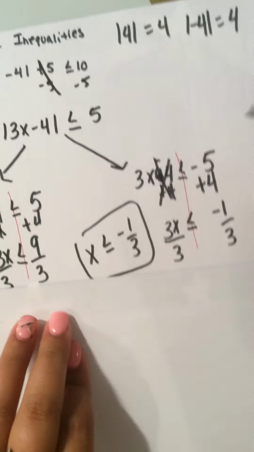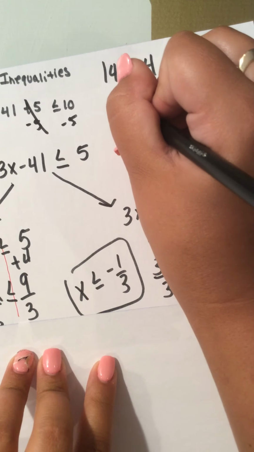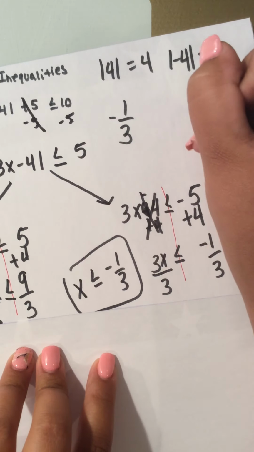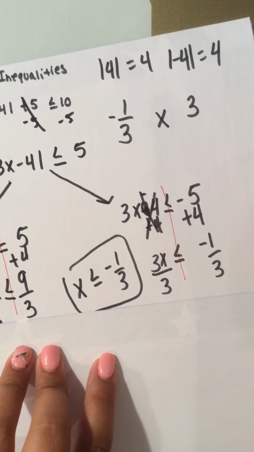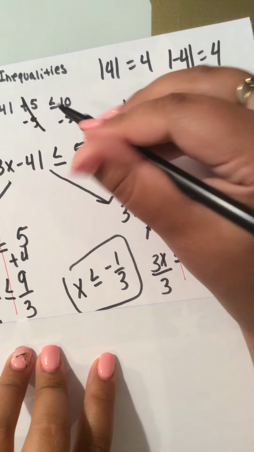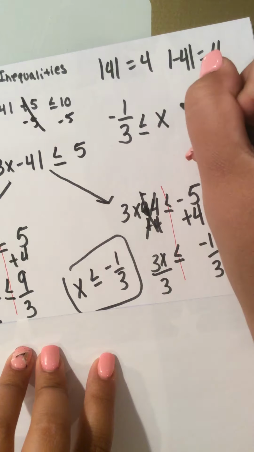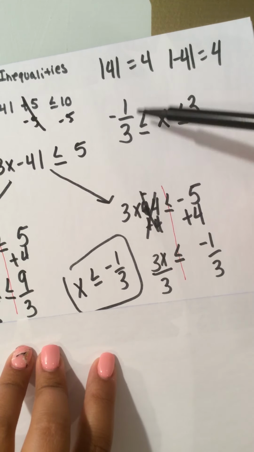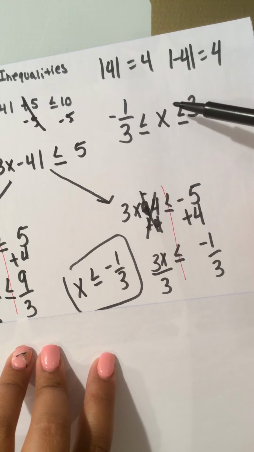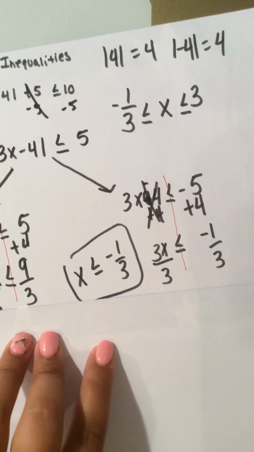Well, it's obviously negative 1/3. We can visually see that. And then 3 is bigger. So I'm going to have an x in the middle, and because it's less than or equal to, basically what this is saying is negative 1/3 is less than or equal to x, and x is less than or equal to 3.